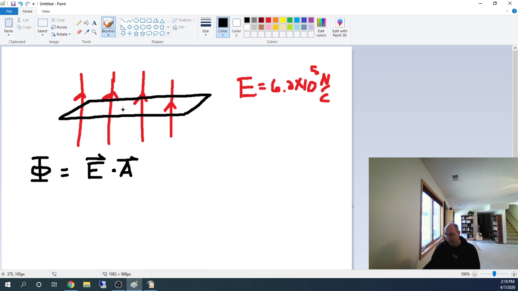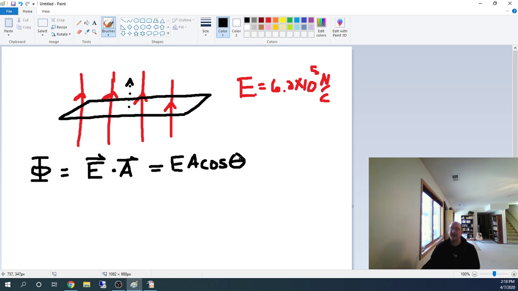Now remember, the area vector always points perpendicular to the surface of the area itself. So notice in this case, the electric flux would be, as always, the magnitude of E times the magnitude of A times the cosine of the angle between the area vector and the electric field vector.